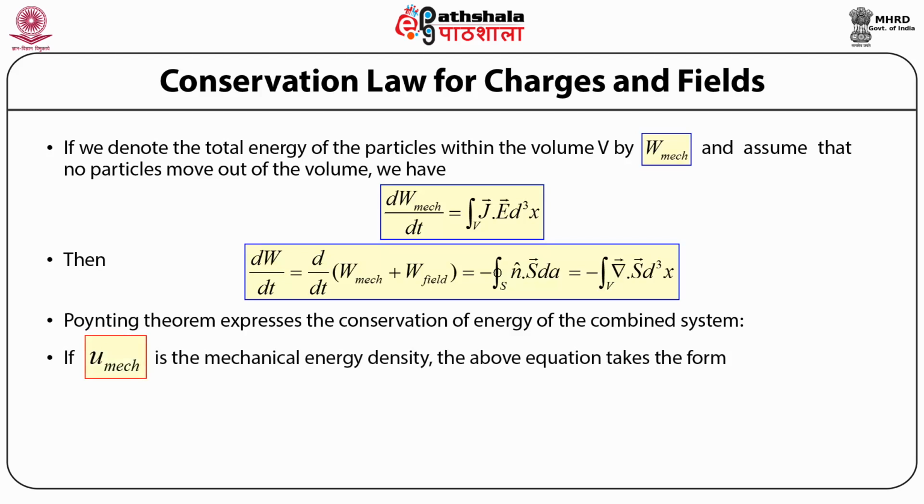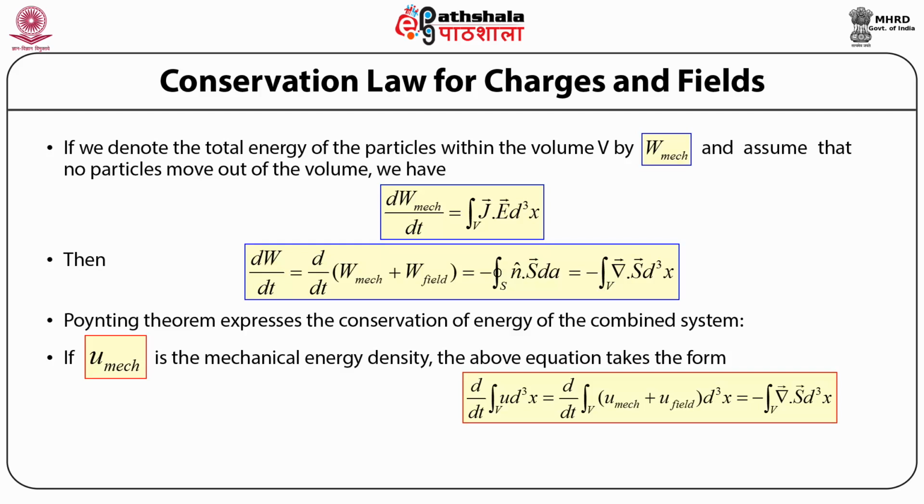That is, if U subscript mechanical is the mechanical energy density, the above equation takes the form: the derivative with respect to time of the volume integral over d cube x of the total energy density U is equal to the derivative with respect to time of the volume integral over d cube x of the bracket, the energy density due to mechanical, that is U subscript mechanical, plus the energy density due to the fields, that is U subscript field, and this is equal to minus the volume integral over d cube x of the divergence of the Poynting's vector S.